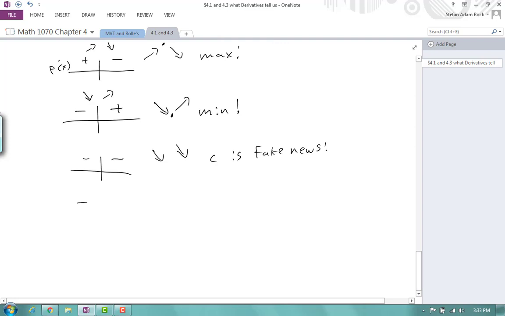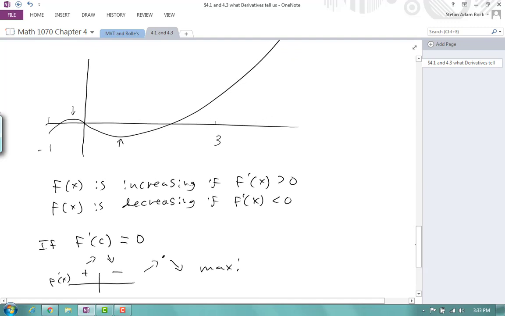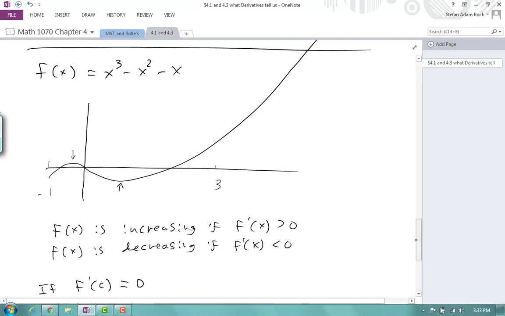And similarly for positive on both sides. So why don't we try to find out where those are by using this test with the first derivative.